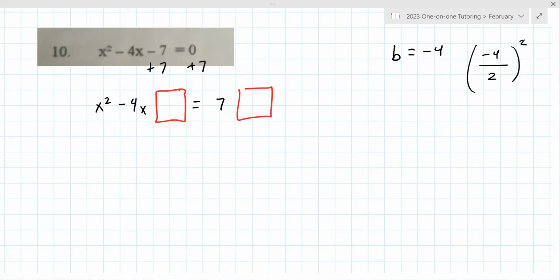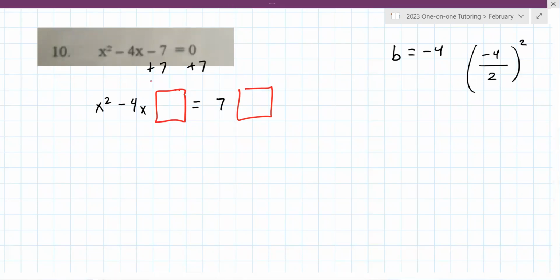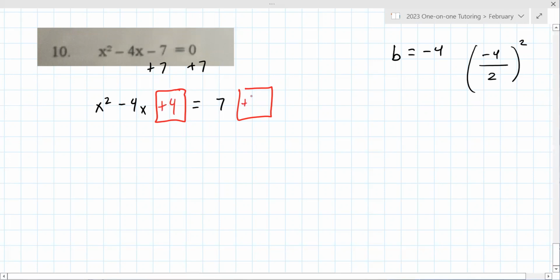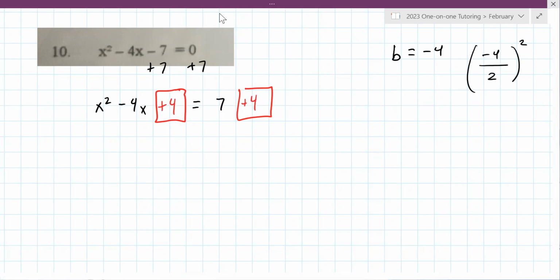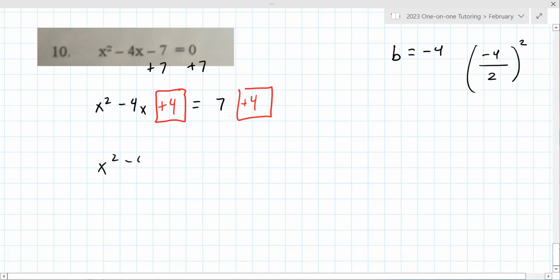It's 4. Yes. So plus 4, plus 4. Now on the left, I want you to factor the perfect square trinomial and tell me what the result is, please.